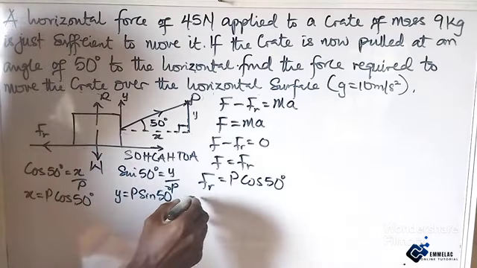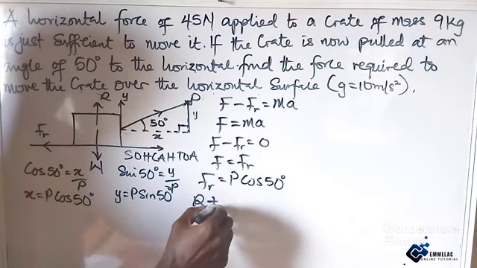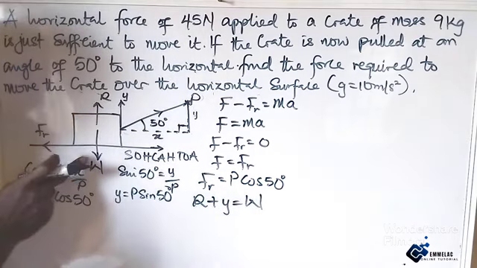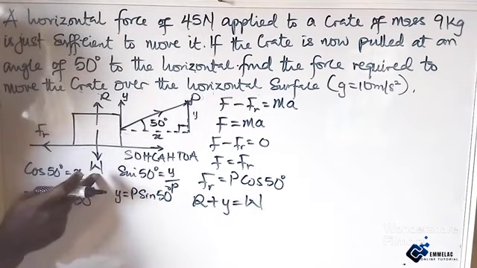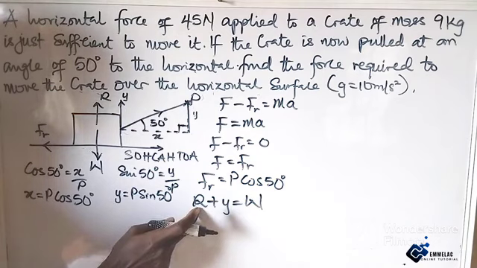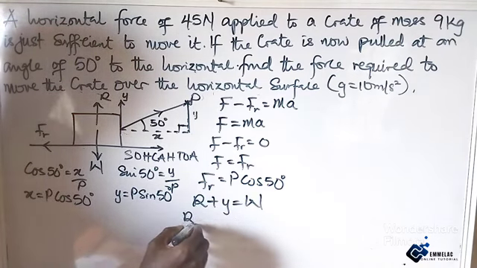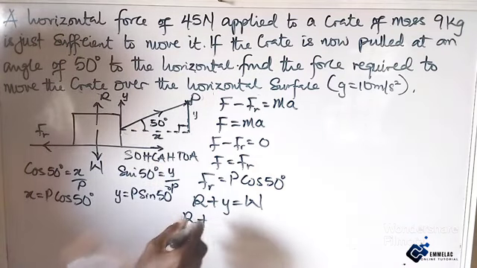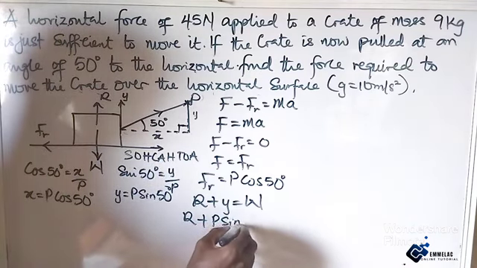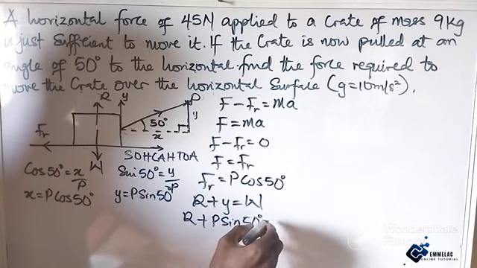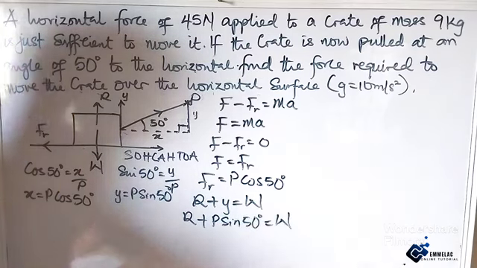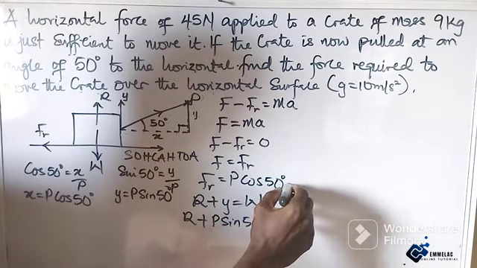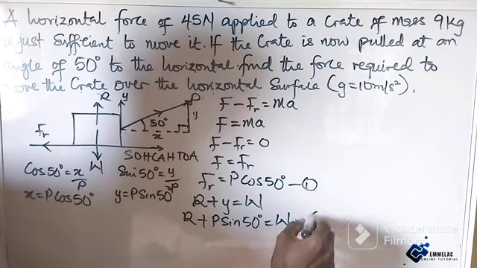So we can say here that the reaction plus the y component equals the downward force, which is the weight of the body. So here our R plus the upward force, which is P sine 50 degrees, equals the weight. So this is equation 1 and this is equation 2.